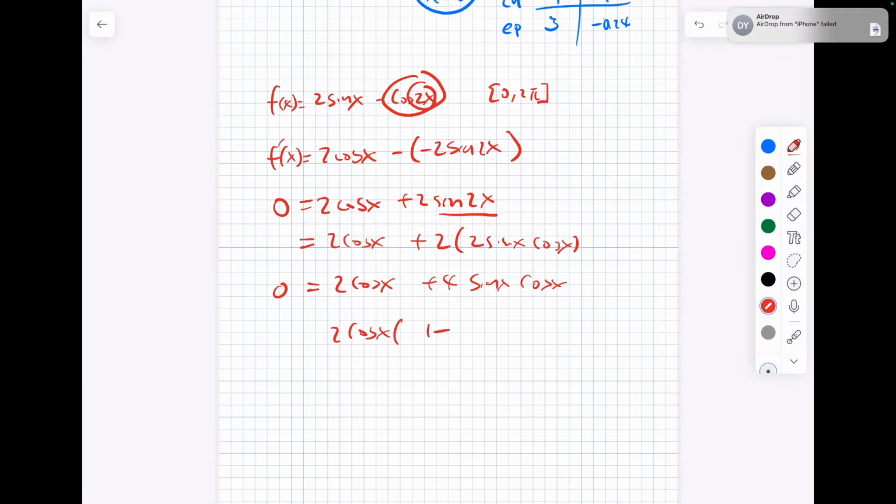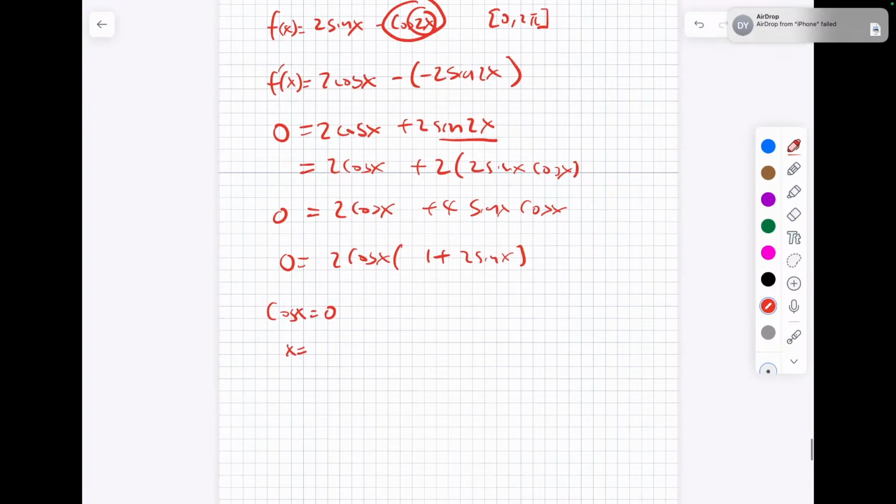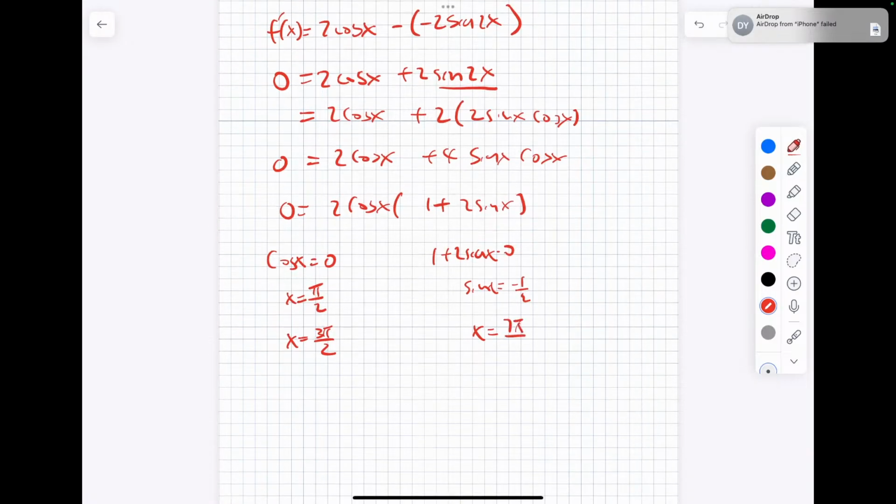That's going to be 1 plus 2 sine of x. So cosine of x equals 0 when x is equal to what? Pi over 2, 3 pi over 2. 1 plus 2 sine of x equals 0, so sine of x is equal to -1/2. When does that happen? 7 pi over 6 and 11 pi over 6.